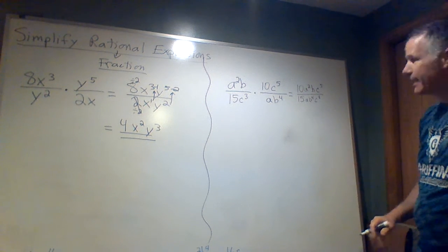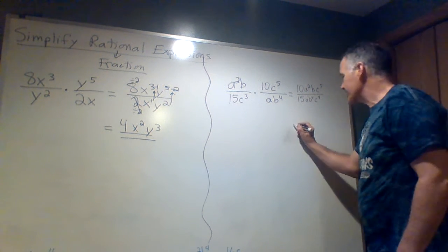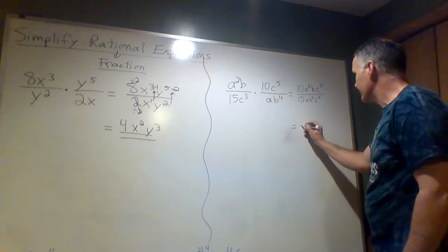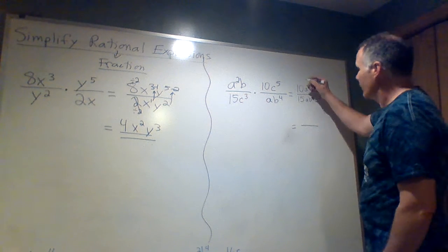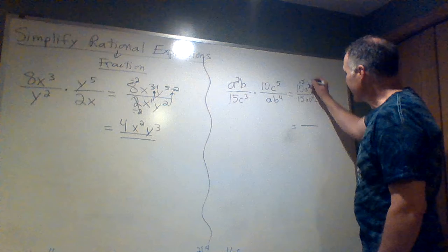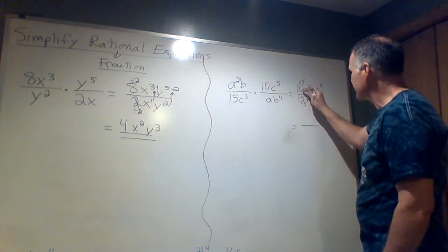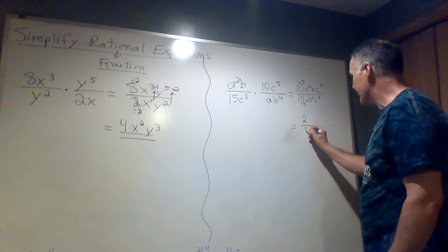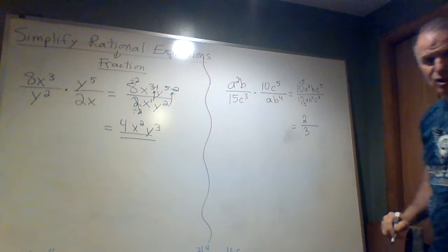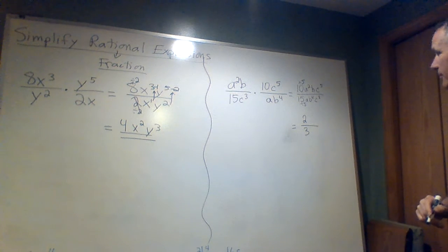Now again, we're just reducing like we did on the last video. 10 and 15. What goes into 10 and 15? Hopefully everybody sees that's a 5. Divide those both by 5. 10 divided by 5 is a 2. 15 divided by 5 is a 3. So we have a 2 in the numerator, a 3 in the denominator.